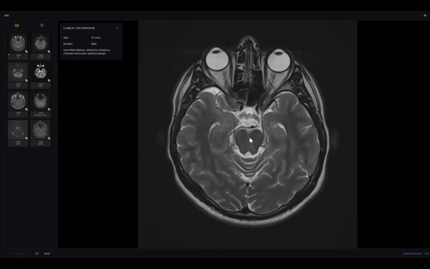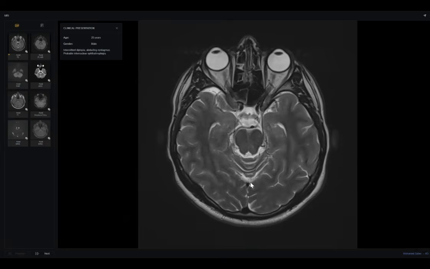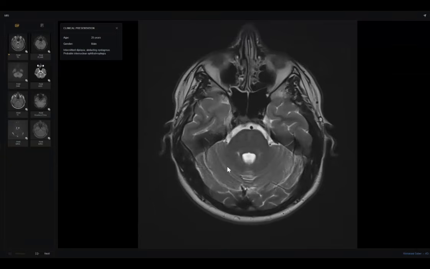I think the ophthalmic nerve, abducent or abducens nerve. What is the ophthalmic nerve? The trigeminal ophthalmic division of the trigeminal nerve. Does the ophthalmic nerve have any relation here?